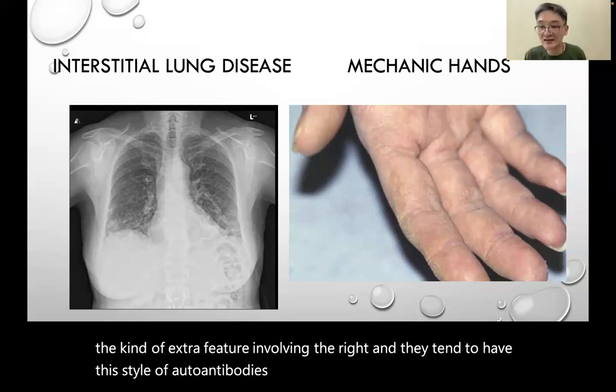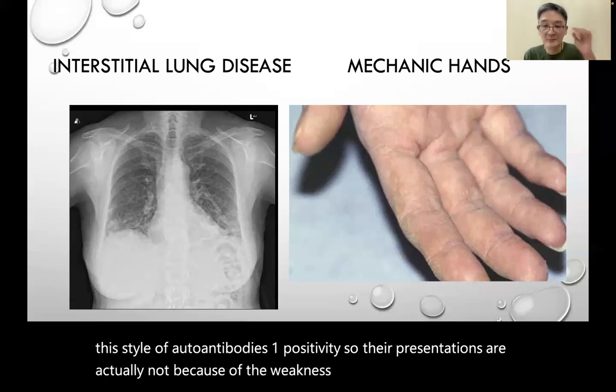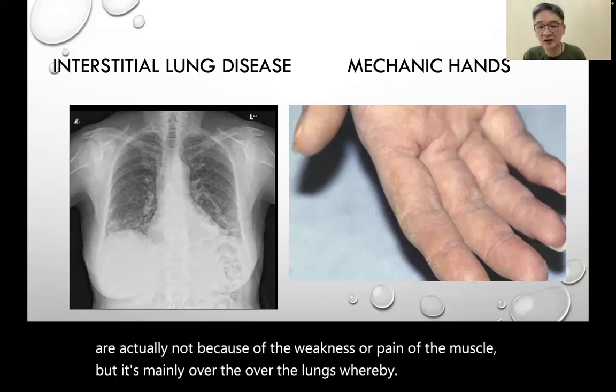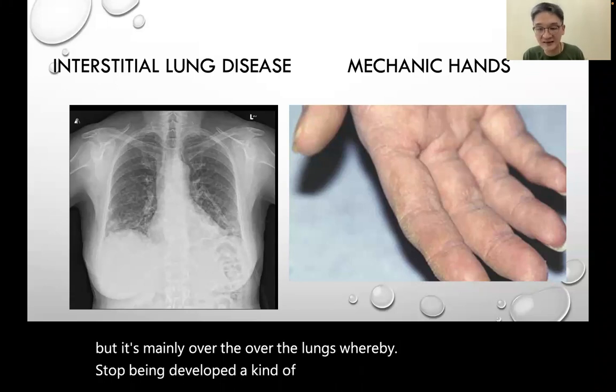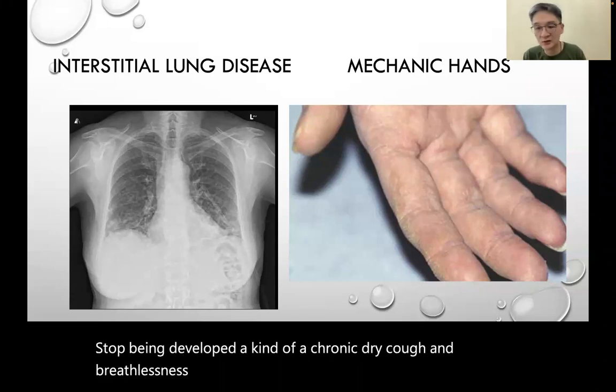Their presentations are actually not because of muscle weakness or pain, but mainly over the lungs, whereby they start to develop a chronic dry cough and breathlessness. People may tend to treat them as infection, TB, heart failure, and so on.